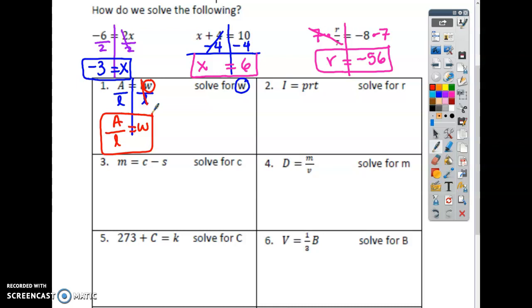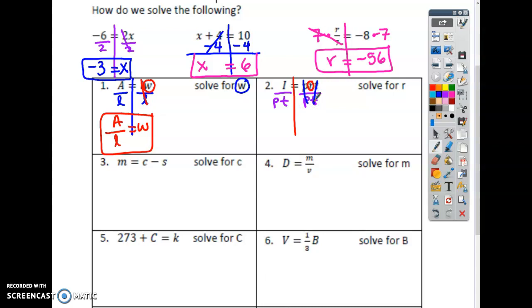Okay? The next one. If I'm solving for r, I want r by itself. Okay? What is the r doing with the p and the t? What are they doing? They're all multiplying because they're stuck together. So if they are multiplying, then I'm going to divide by p and t. Divide by p and t, so that my p cancels, my t cancels.